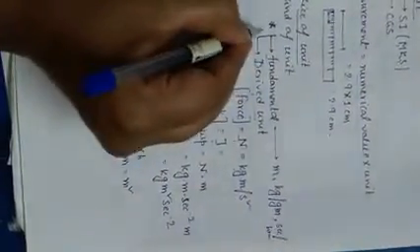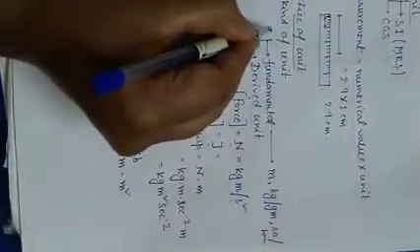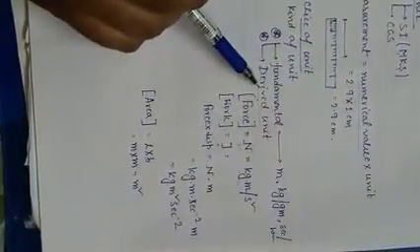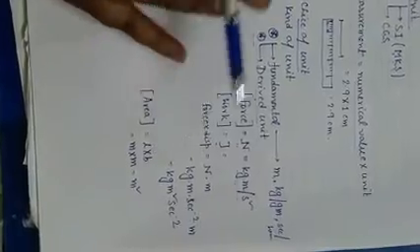Of course I shall clear your confusion. You just have to read these two types of unit, fundamental and derived. I shall attach the photos of the fundamental units and the derived units with this video.